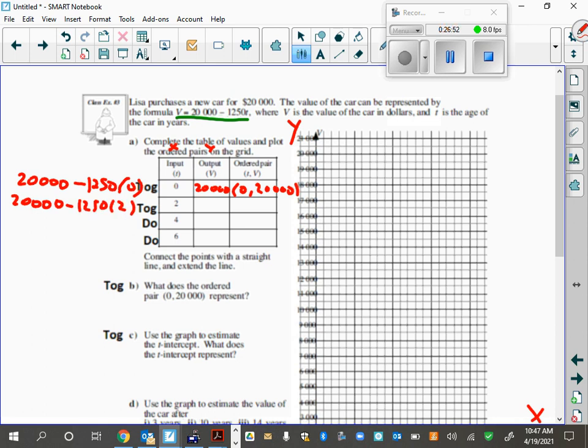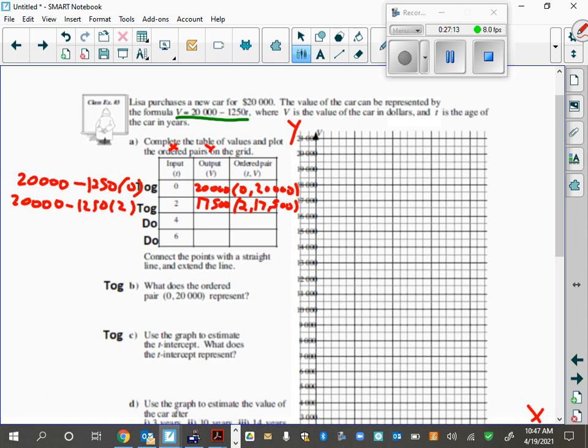Hopefully everyone can do it in their head real quick. How much is that? 17,500. So you're subtracting 2,500. So that's the graph. On the graph, 2 to the right and 17,500.